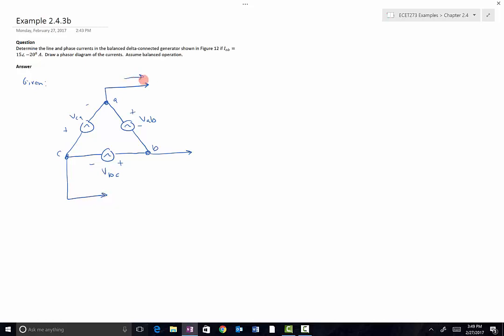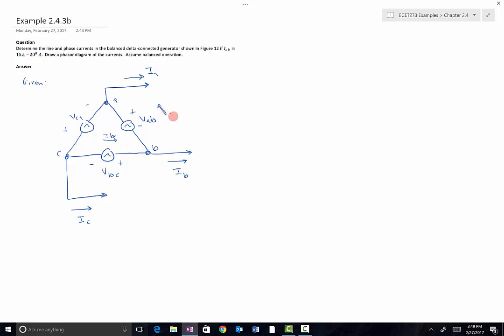We've got I in line A, we've got I in line B, and we've got I in line C. We notice that the current here has to be the sum of those two currents here, which means the current here is not equal to the current here. So this is IBC.